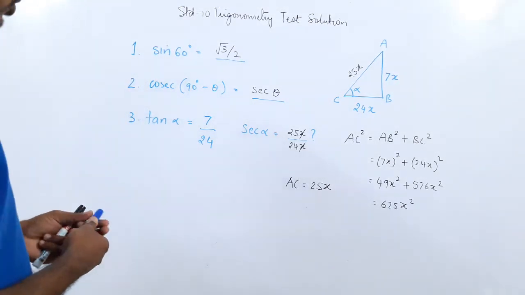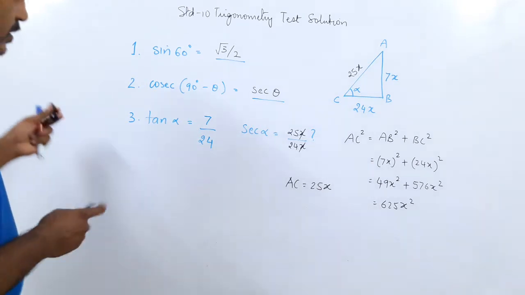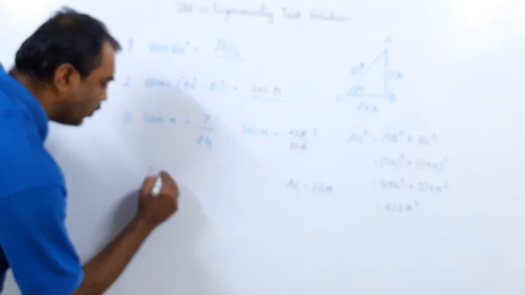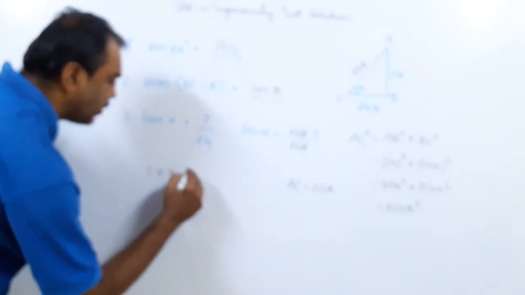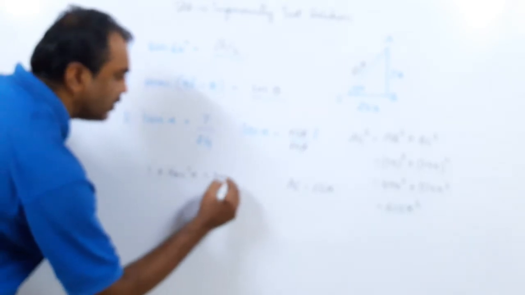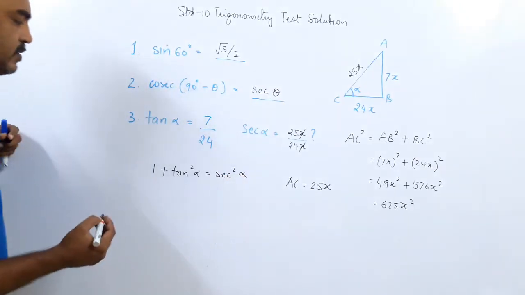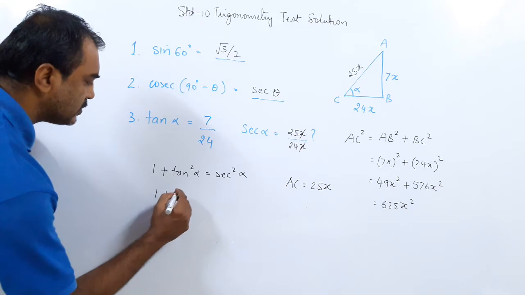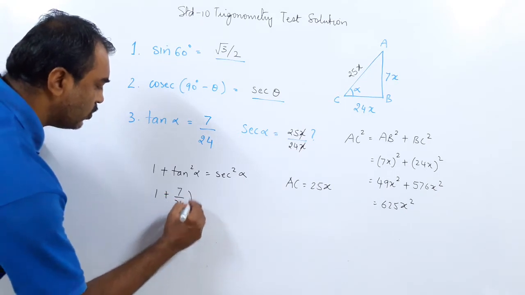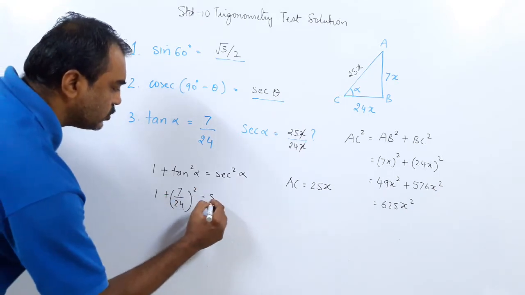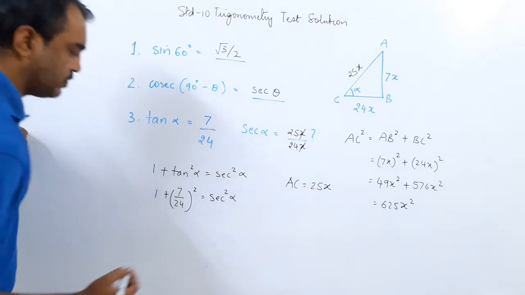Method number 2 is, we have an identity: 1 plus tan square alpha is sec square alpha. So 1 plus 7 upon 24 the whole square should give us sec square alpha.